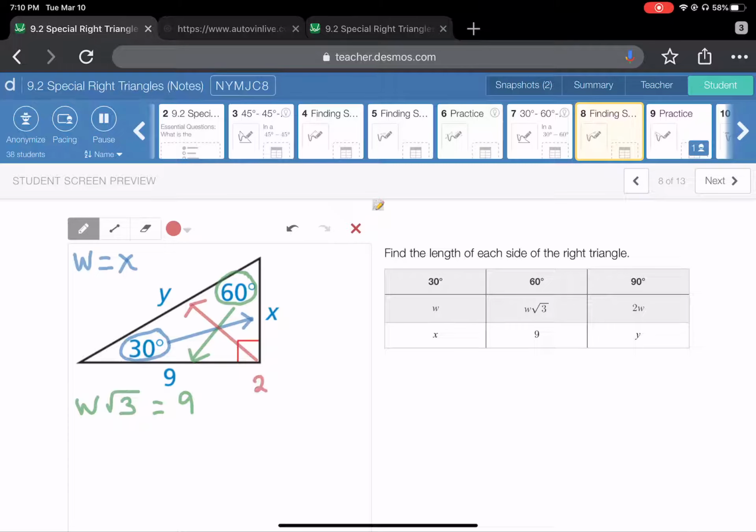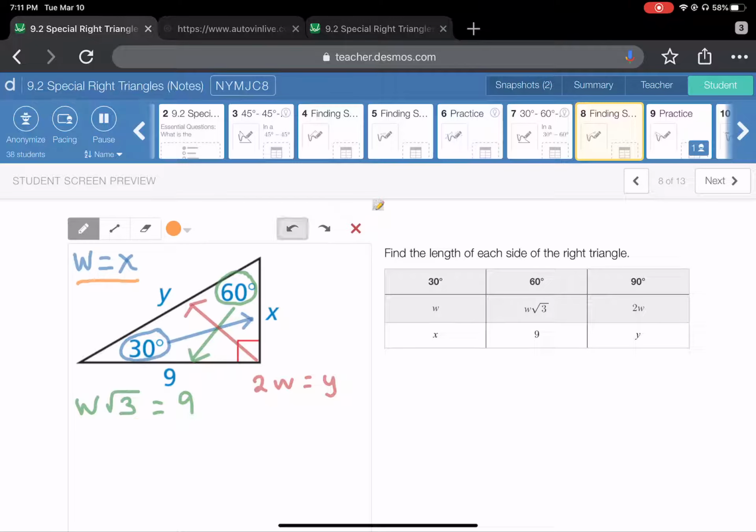So we're going to have 2W equals Y. Alright, so from all of these equations, W equals X for 30 degrees, W square root of 3 equals 9 for the 60, and 2W equals Y for the 90 degree side.